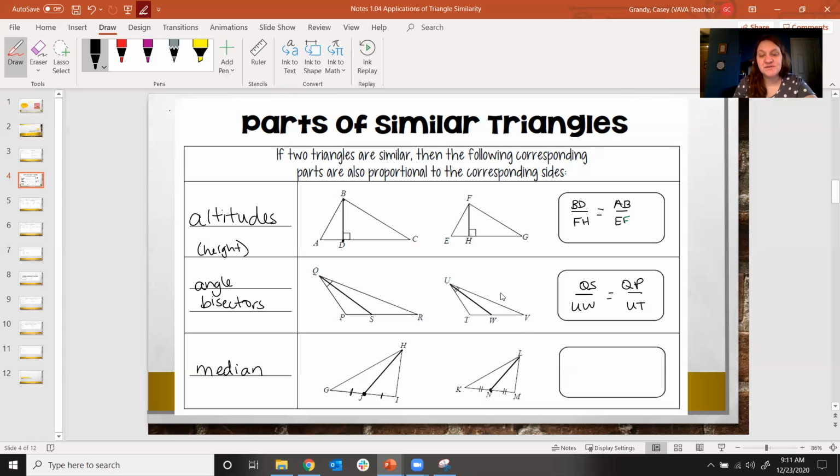When you have similar triangles, the medians will be proportional. So I can say that HJ over LN would be equal to, we'll say GH over KL. Notice that it's proportional to one of the sides that it's not touching. So here, HJ over LN can be proportional to GH over KL.